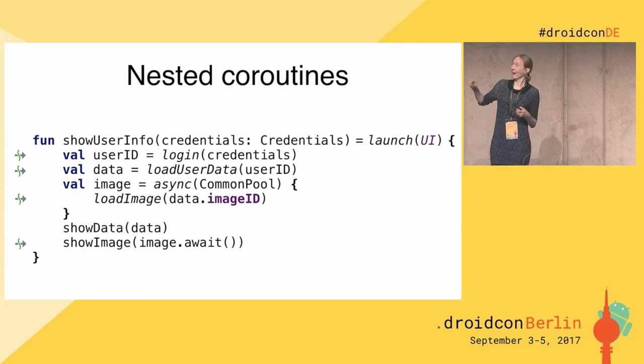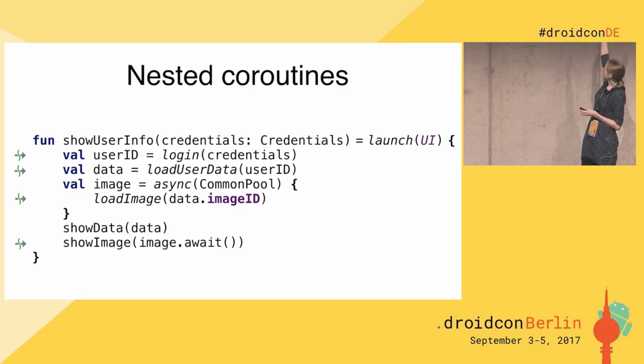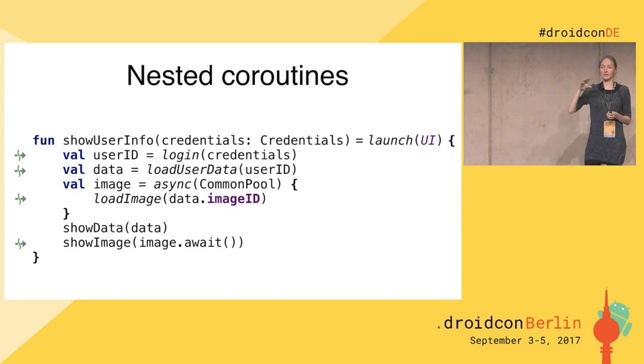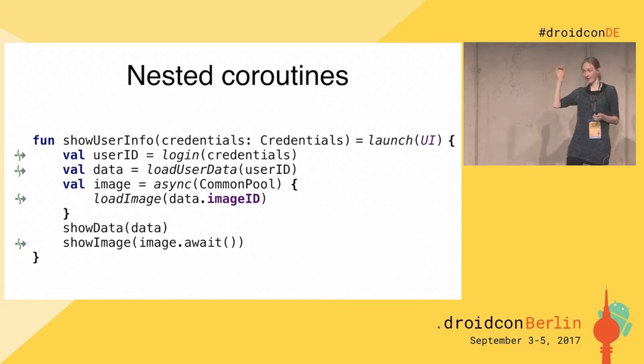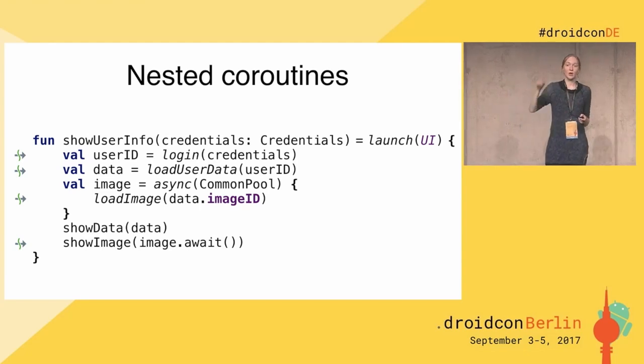And here you see these symbols, this arrow, and they represent the suspension points. So you can see them in IntelliJ or RStudio. They mark directly where your computation might be suspended. So they are placed whenever you call a suspend function.